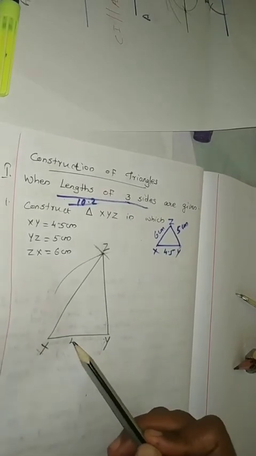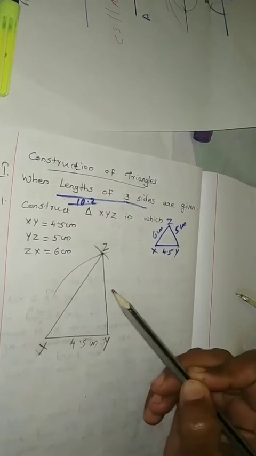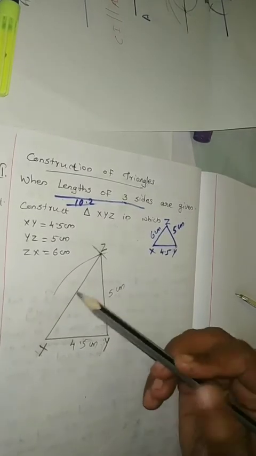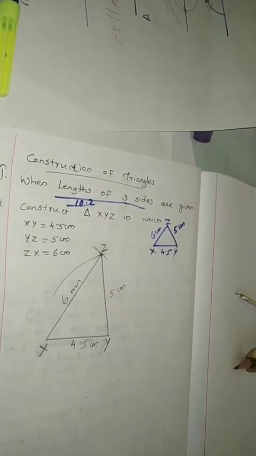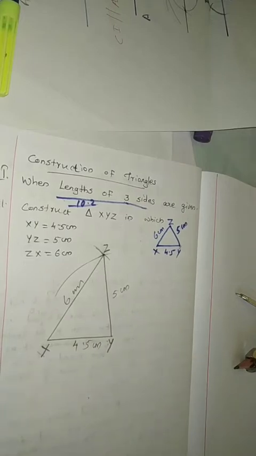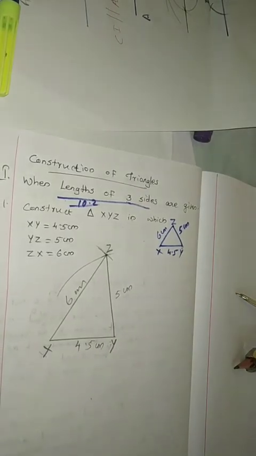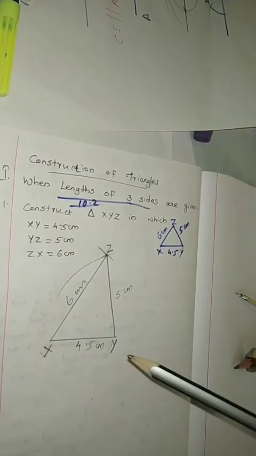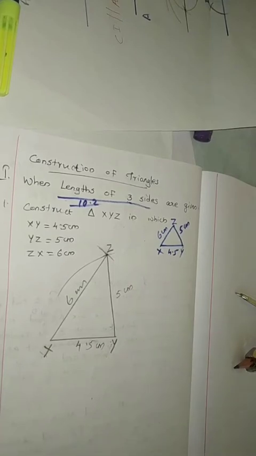That is 4.5 centimeter, here it is 5 centimeter and this will be 6 centimeter. Now we wrote the length of each side. Now the triangle XYZ is ready with us.